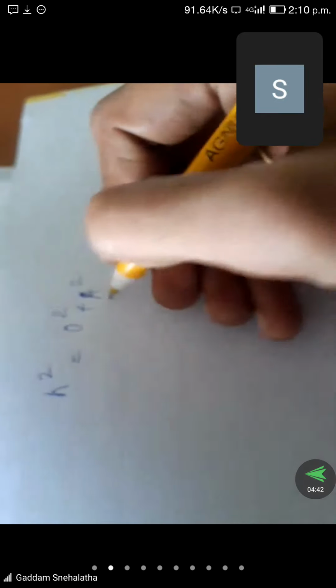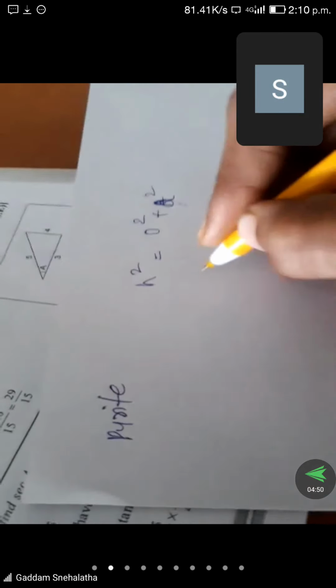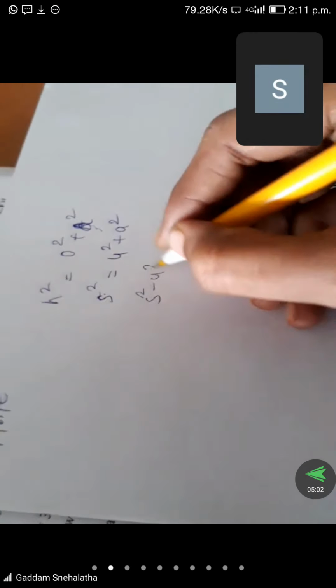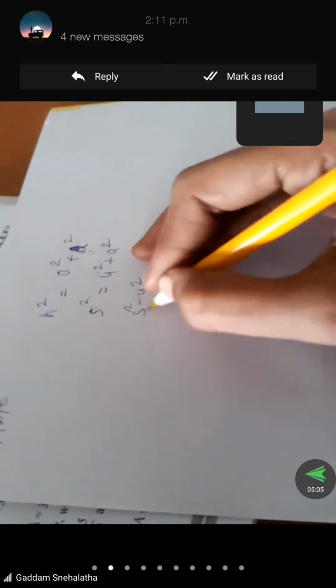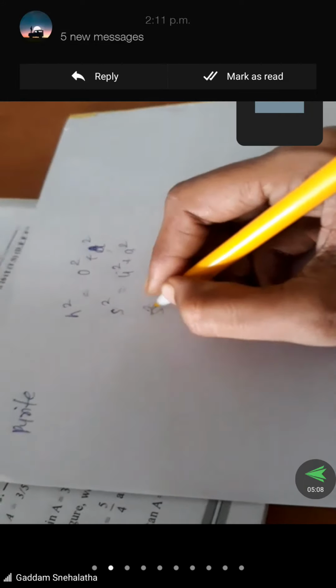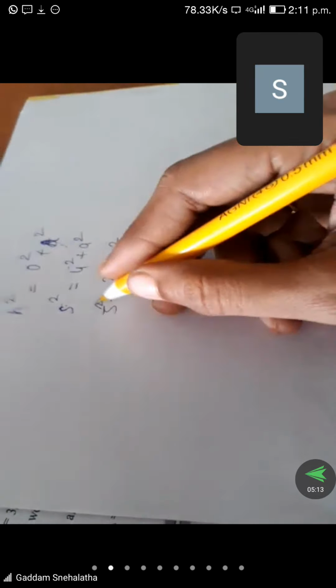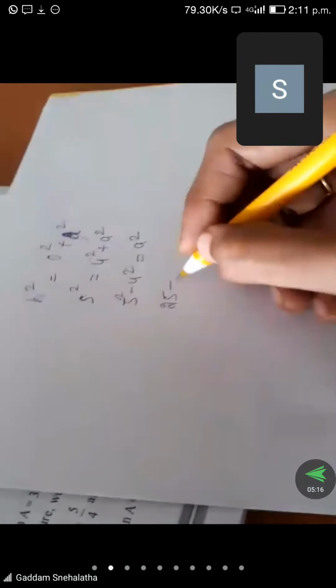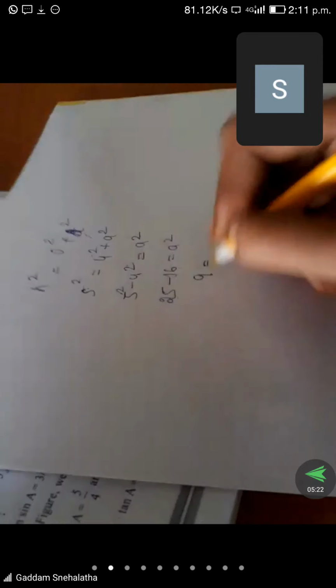From sine, opposite by hypotenuse, hypotenuse is 5 and opposite is 4. So 5 square is equal to 4 square plus adjacent square. Sending 4 square to the left hand side, we get 5 square minus 4 square is equal to a square. 25 minus 16 is 9.